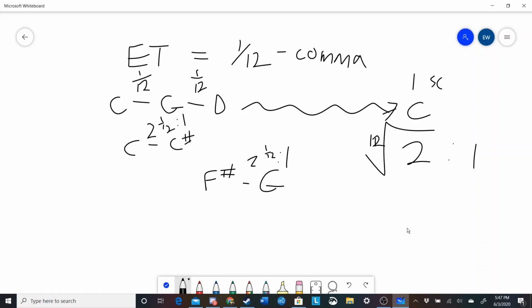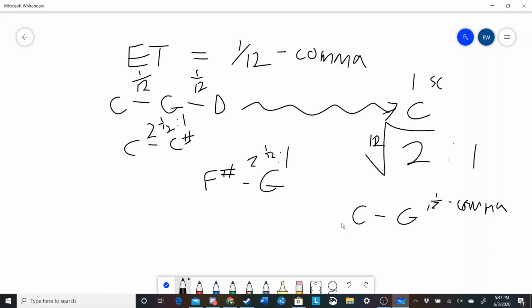However, the issue with this is our intervals are not going to be very pure. Notice, first of all, that the perfect fifth is going to be off by 1/12 of the syntonic comma. That's just the definition of this system. Our thirds are also going to be out of tune.